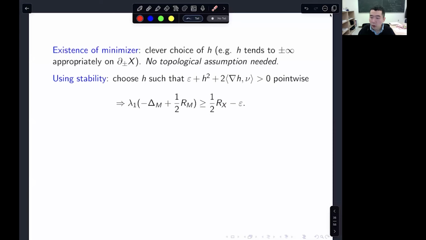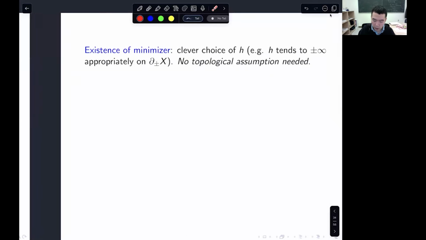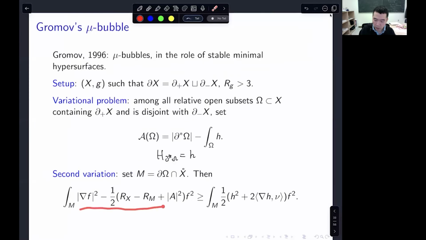So then let's try to make the stability useful like before. On the left-hand side, we have exactly the same eigenvalue, quadratic expression in f. On the right-hand side, I have some terms depending on h.